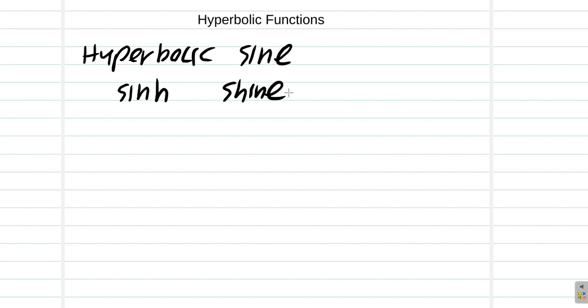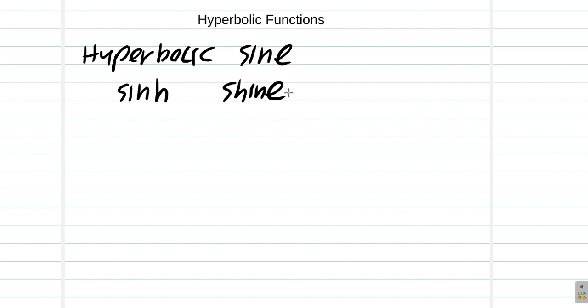Now, these hyperbolic functions, such as shine, they are expressed using the number that's called Euler's number, the base of natural logarithms. All right.